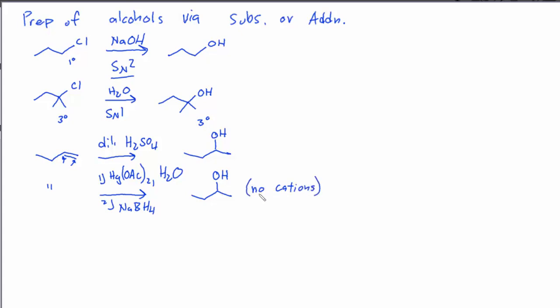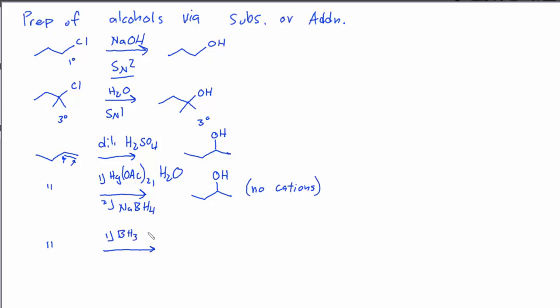Again, these mechanisms should be very familiar to you after studying first semester organic chemistry, and you can review them in the appropriate chapters earlier in your textbook. So again, using the same alkene, we can add water in the other fashion, which allows us to put the OH on the less substituted carbon.